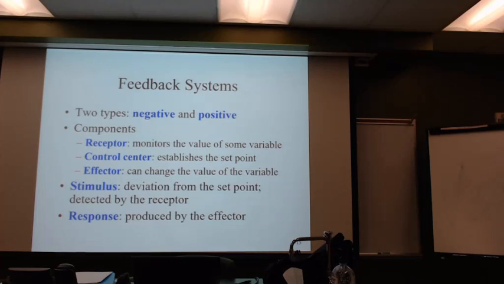So when we talk about a feedback system as a whole, we mentioned that there are components that have to be present. We need a receptor. For example, the nerve endings in our skin that can pick up information, okay, like the heat and the cold.